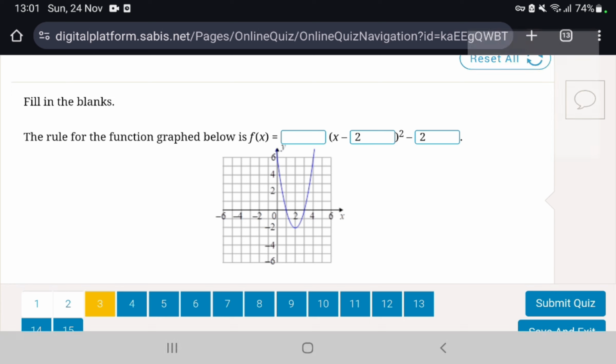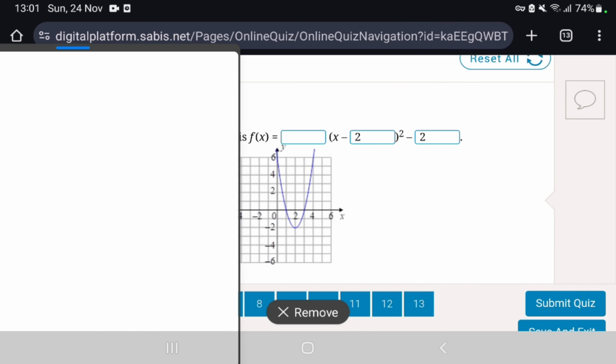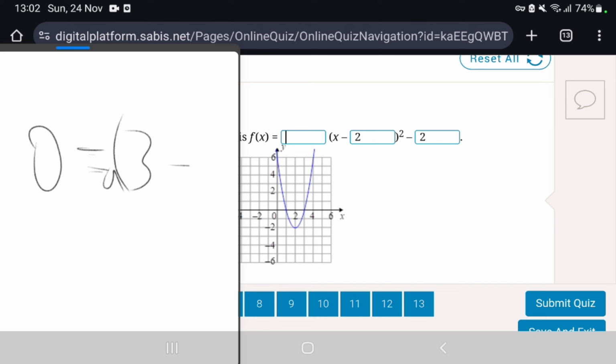So we do 0 equals a times 3 minus 1 squared minus 2, which is 4a equals 2, so a is 0.5.